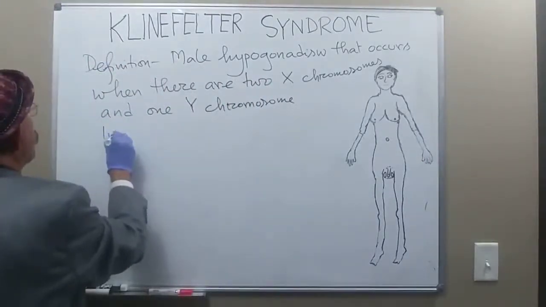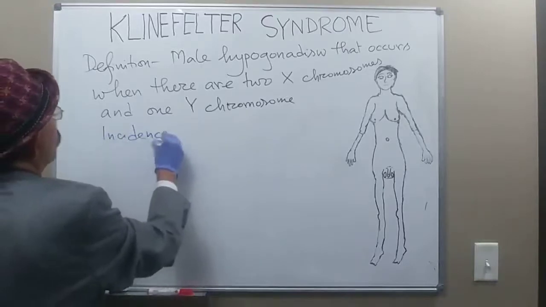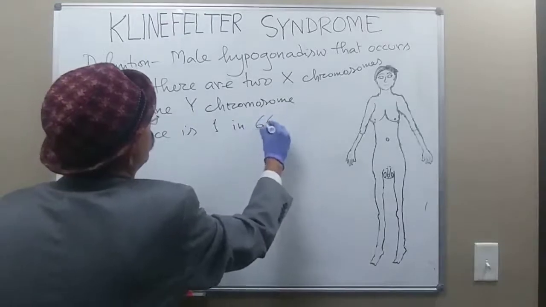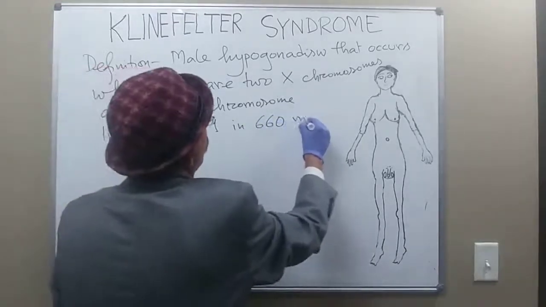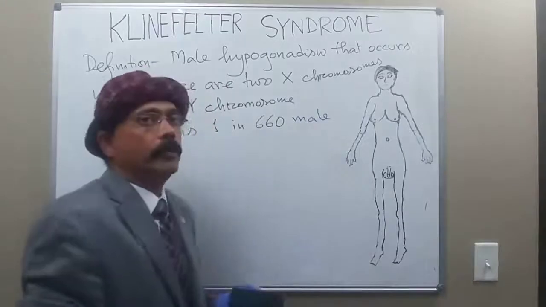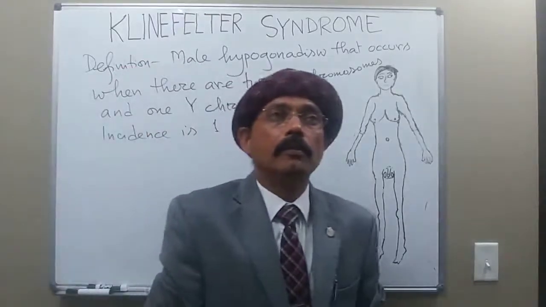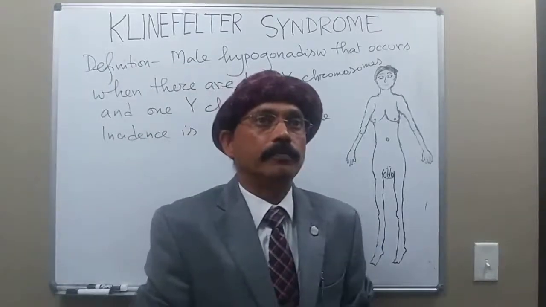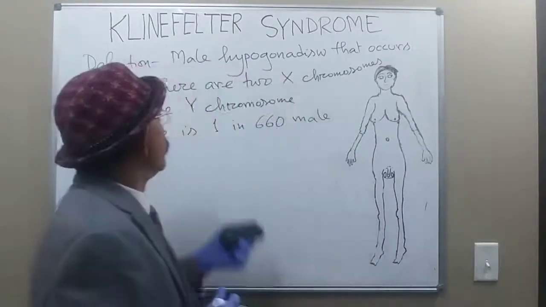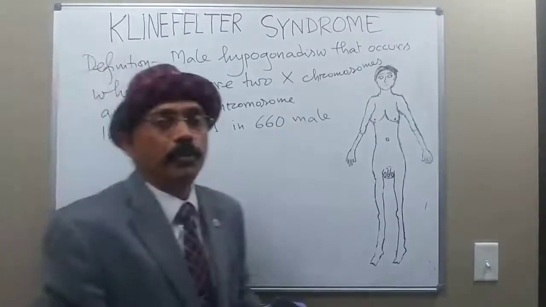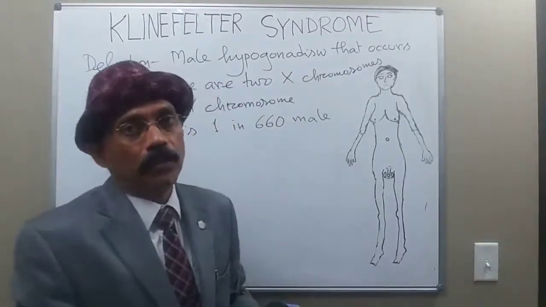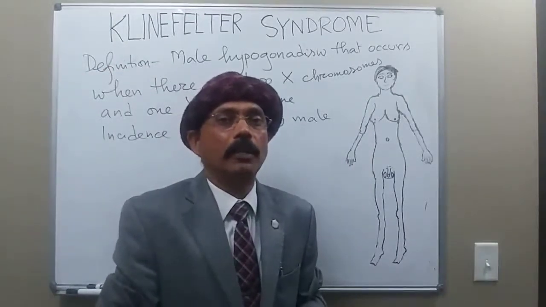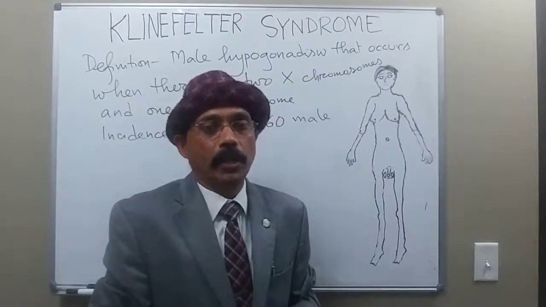Incidence is 1 in 660 males. This is not diagnosed before puberty. It is diagnosed at puberty and most commonly in the fertility clinic because most of them are sterile.